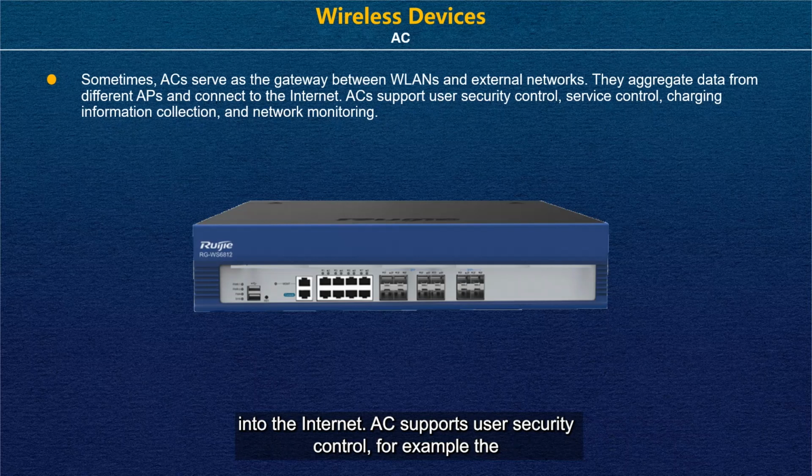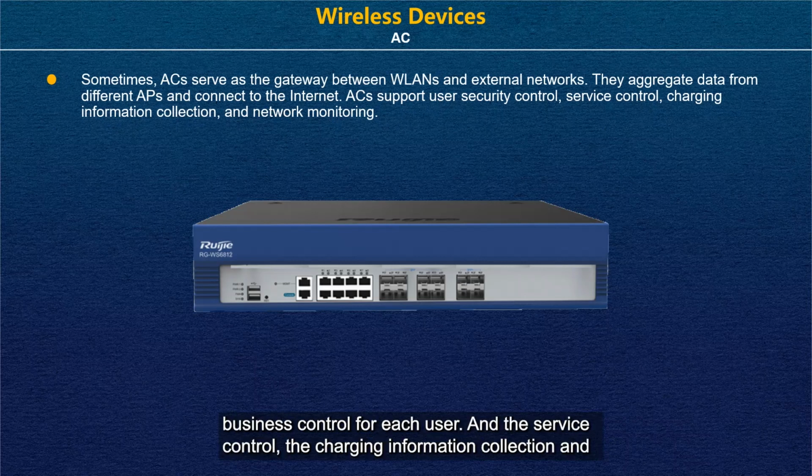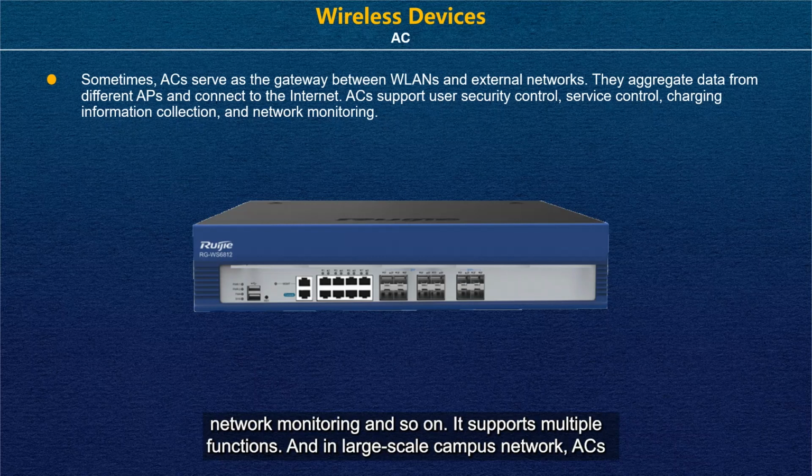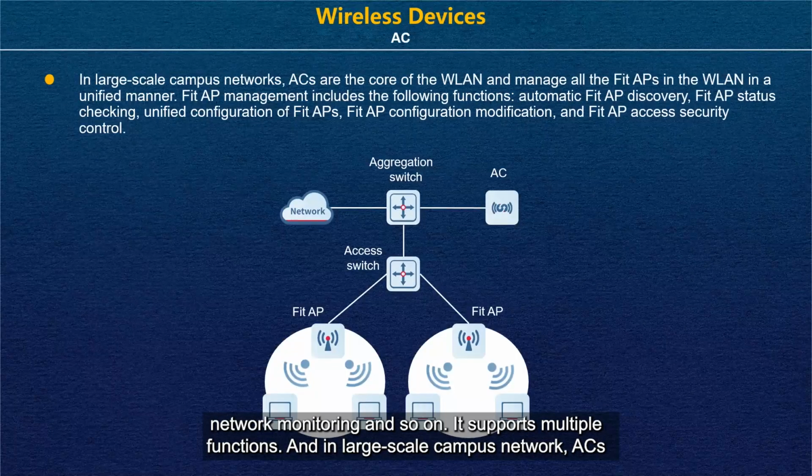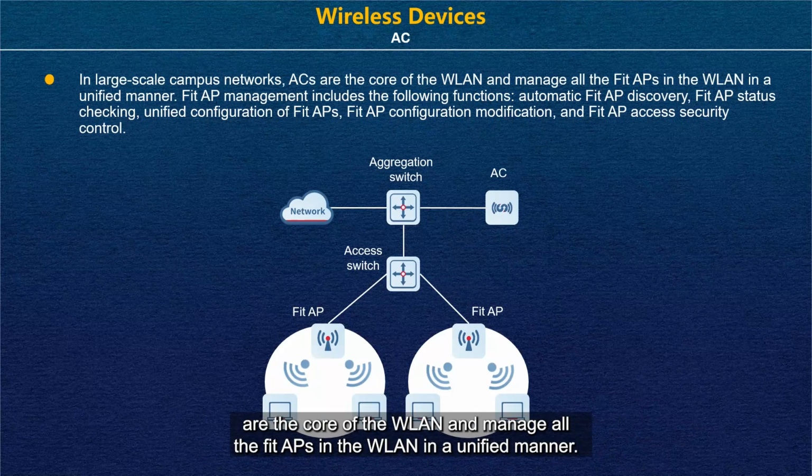AC supports user security control, for example, the business control for each user and the service control, charging, information collection, and network monitoring, and so on. It supports multiple functions. And in large-scale campus networks, AC is the core of the WLAN and manages all the FIT APs in the WLAN in a unified manner.